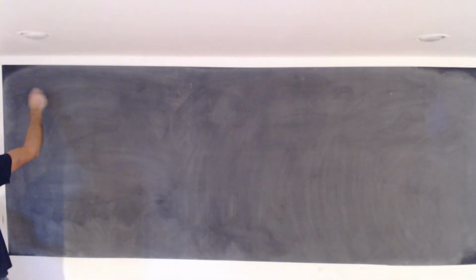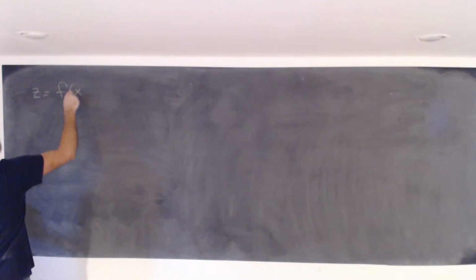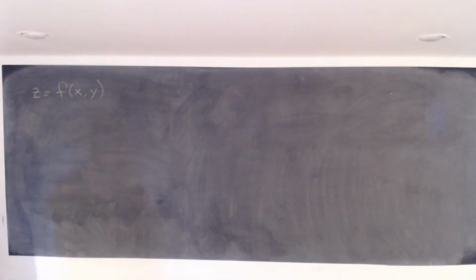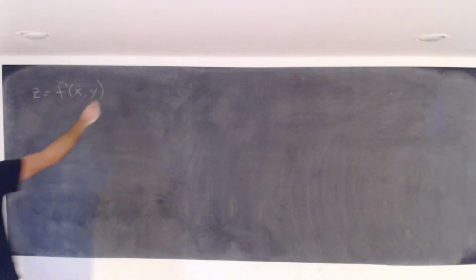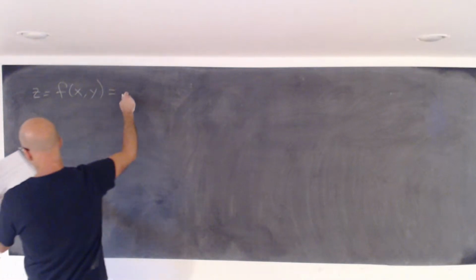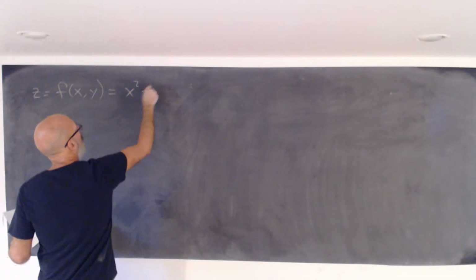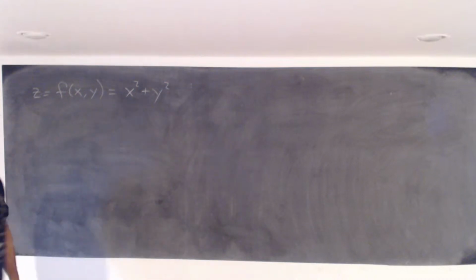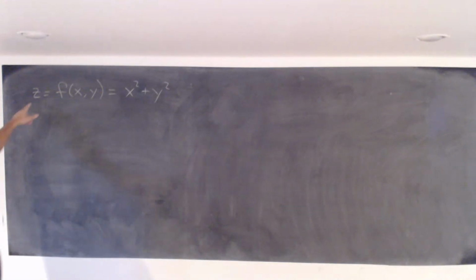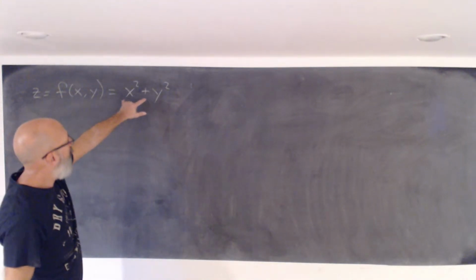So suppose you've got a function of 2 variables, f of x and y, right? Let's take an example here just to get us started. This is some function of x and y.